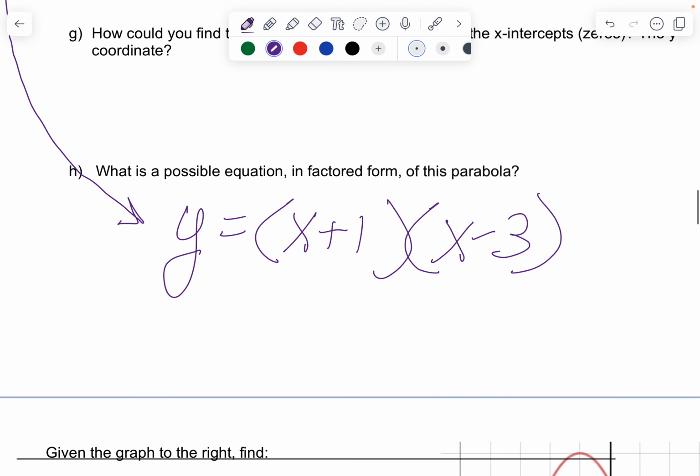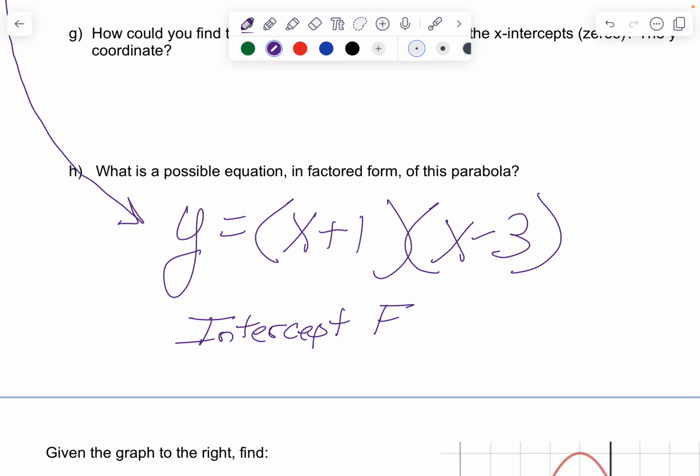Another name for this is intercept form. So always remember that intercept form is going to be the same as factored form.